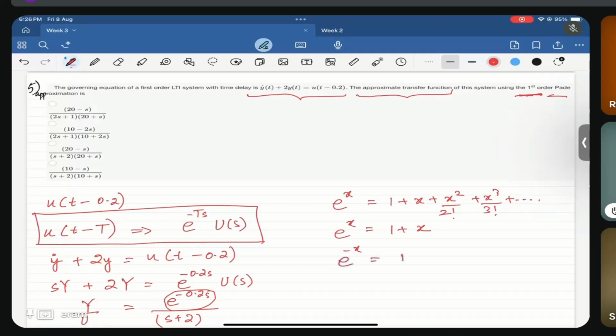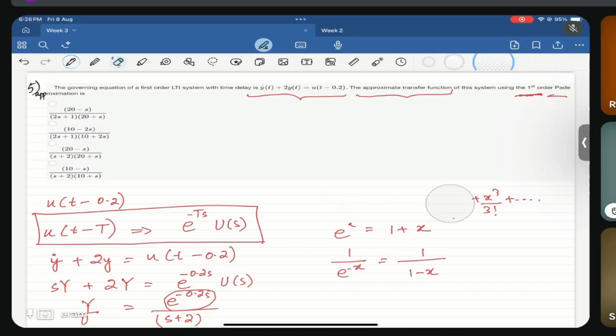We can write it as 1 by e to the power x, so it will be 1 by 1 plus x, sorry, minus x, right? So this way we can approximate it.